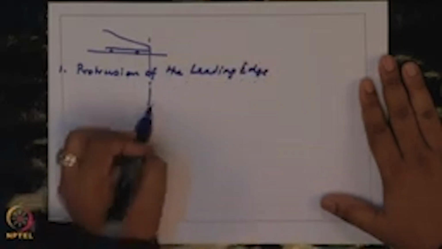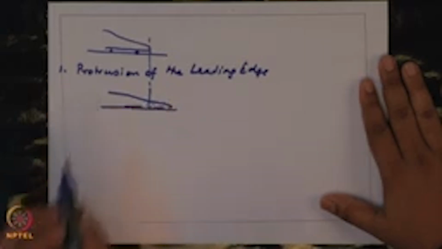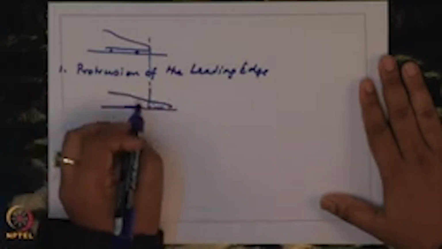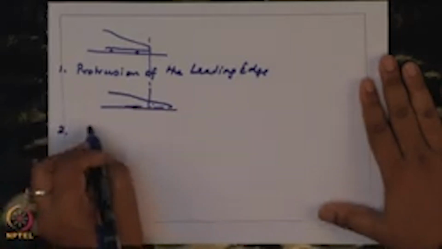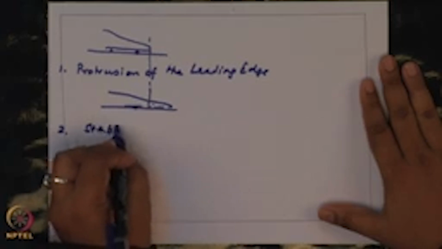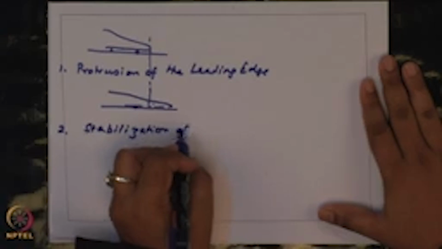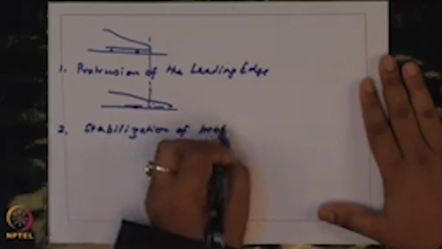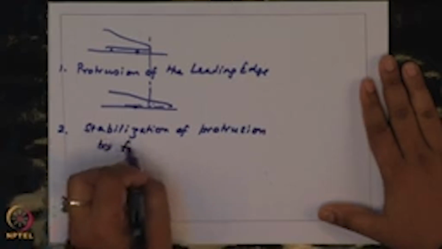So, you have a slight protrusion of the leading edge. The adhesion was here. Second, this protrusion is stabilized by formation of focal adhesions.